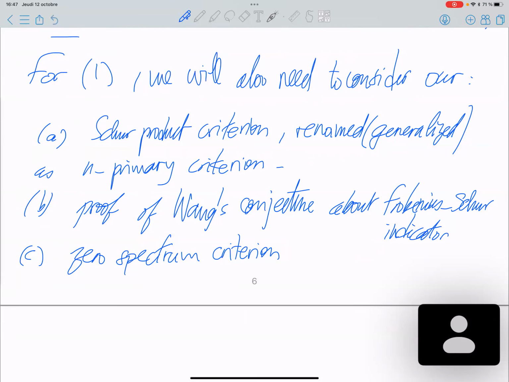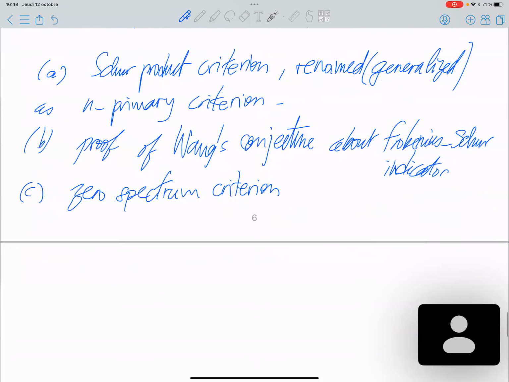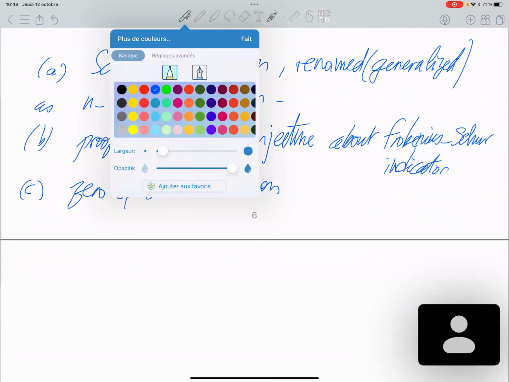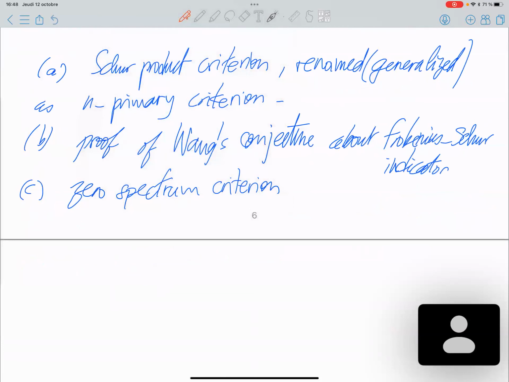And in fact, there's also another one called the one spectrum criterion, but we will see that later. Okay. So A, B, C.